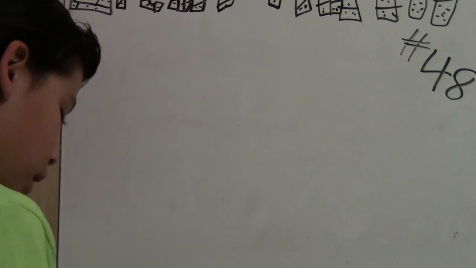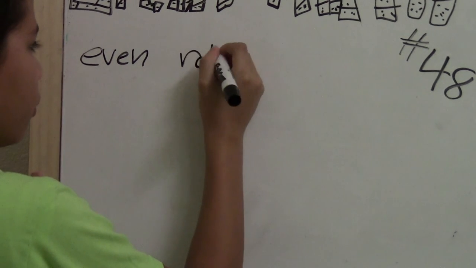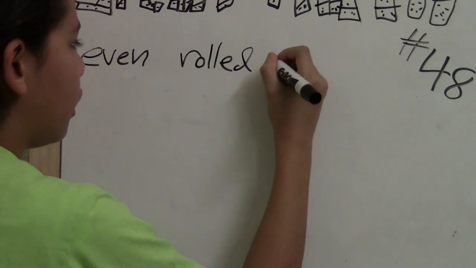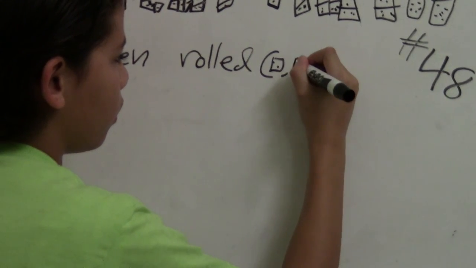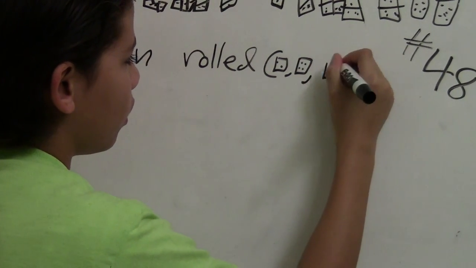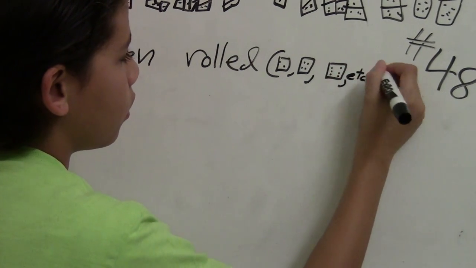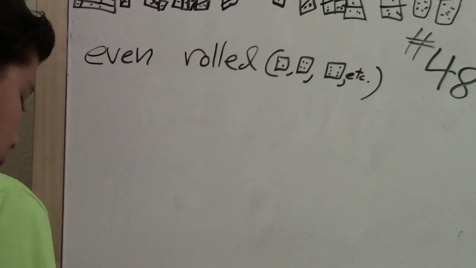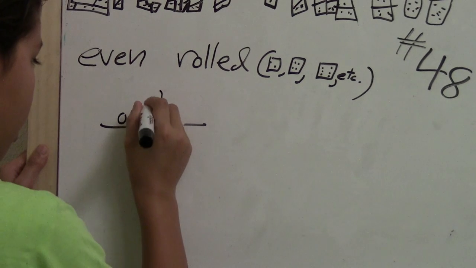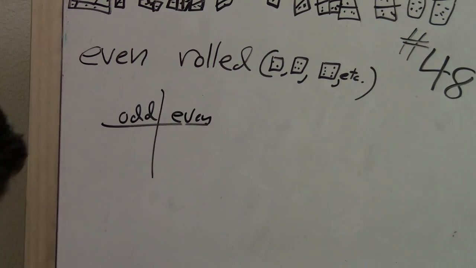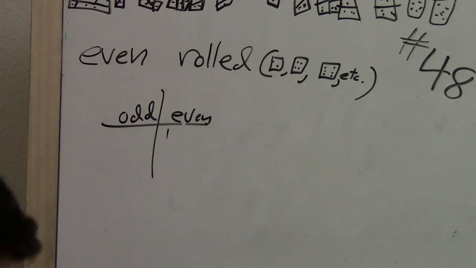Okay, the probability of an even number rolled. So basically 2, 4, 6. These are the only ones. So let's try it by rolling. That was a 6.